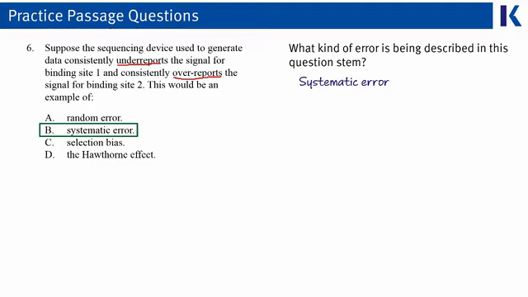This is because random error does have that pattern of sometimes being too high and sometimes being too low. The key difference is that random error is randomly high or low, so it will change from trial to trial. This question describes a faulty device that is consistently high or consistently low.